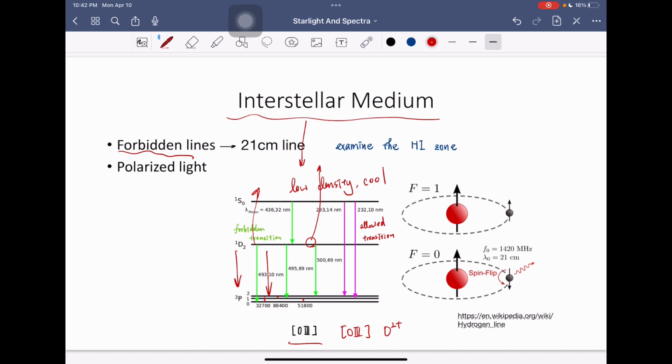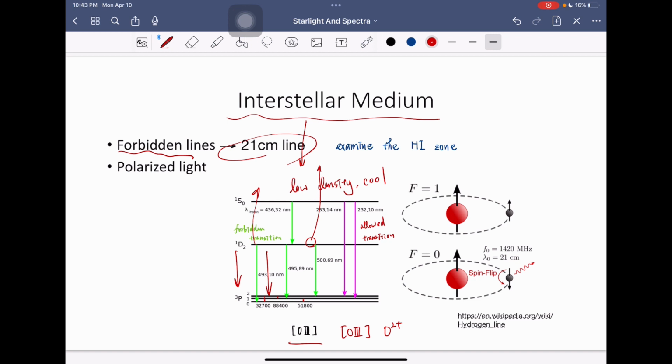And the forbidden line of hydrogen atoms is also important in some research. The forbidden line of hydrogen atoms, also known as the 21 cm line, is very important in the research of galaxies.